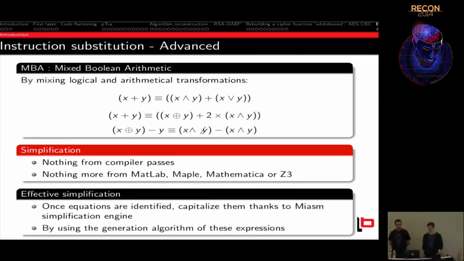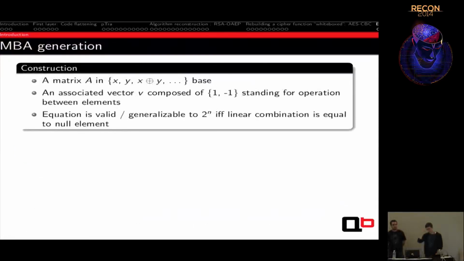So how did we manage it? The people who were doing the protection just have a small set of identities, and when we identify one, we add it to our own simplification engine, and so when we compute the data slicing and equation, etc., this is directly simplified. We also found an algorithm to generate that kind of expression. I'll just show you one. So just a bit of mathematics here, but it's quite easy.